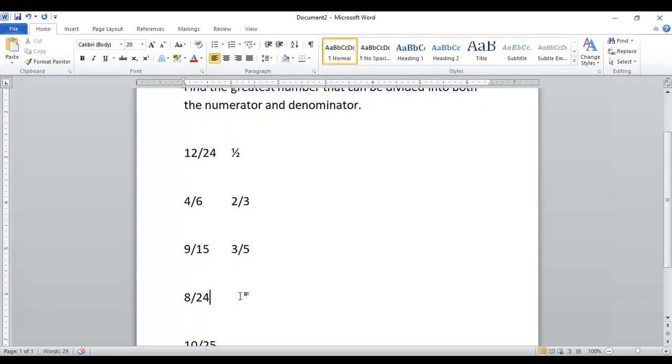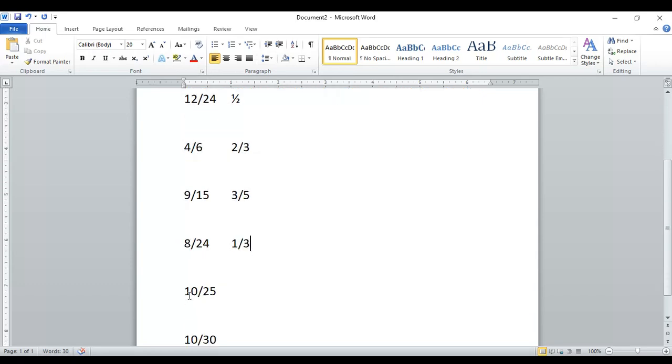And if we look at 8/24, what is the greatest number that can be divided into both 8 and 24? Well, I hope you recognize it's 8. 8 divided by 8 is 1, and 24 divided by 8 is 3.